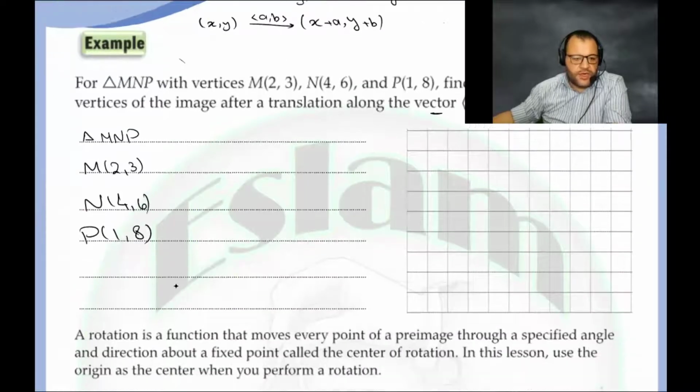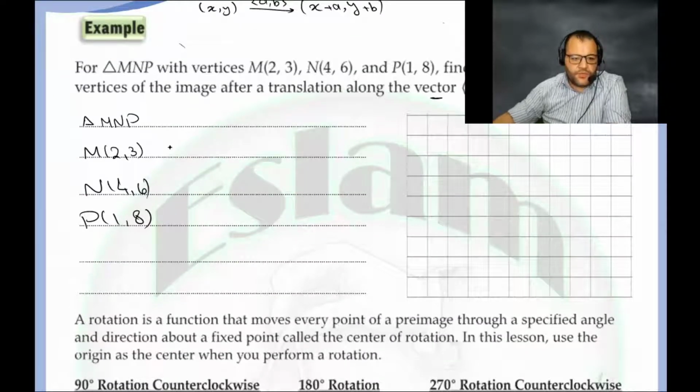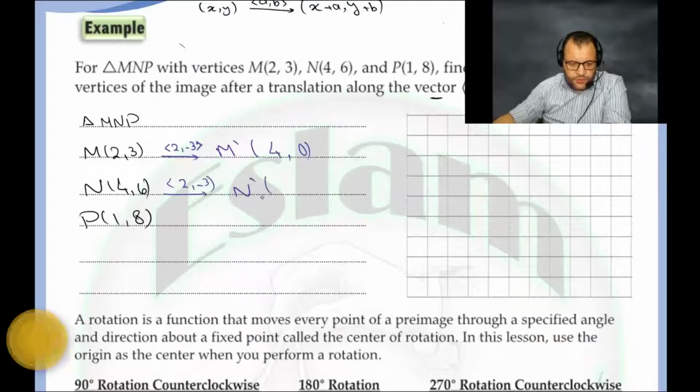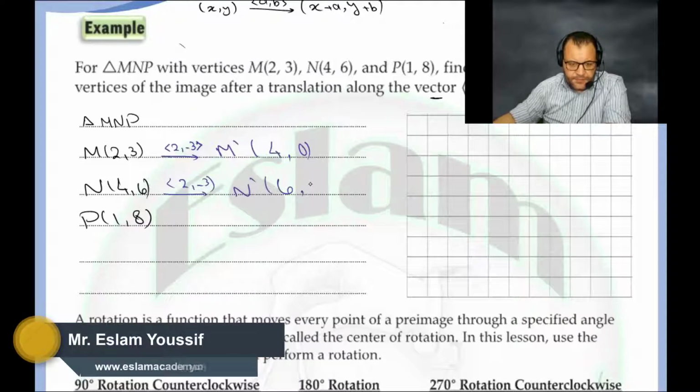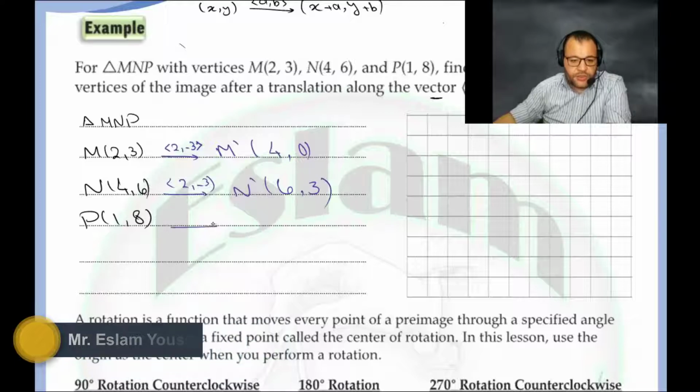So we need to find the image. M prime is (2 plus 2, 3 minus 3), so M prime is (4, 0). N prime is (6, 3), not negative 3.